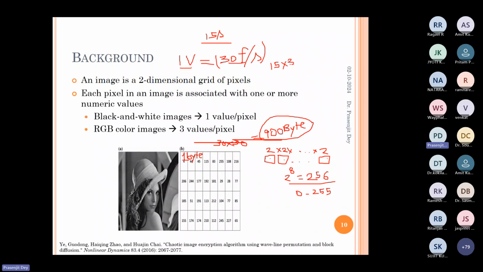So 15 times 30 will be my number of images, and each image contains 900 bytes. So overall, this much storage I require to store my video in a computer. And on it, I need to apply some algorithm to find out whether in this 15-second video there is any child running in front of my camera or not. So this is the overall goal to achieve.